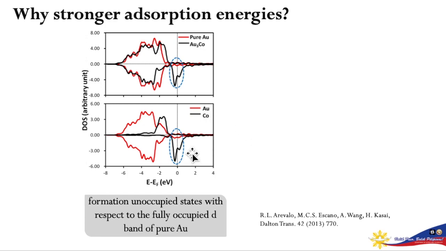So here we can clearly see that the emergence of the states near the Fermi energy is due to the D-band of cobalt. So we say that upon alloying gold with a 3D transition metal, the D-band of the metal is upshifted.